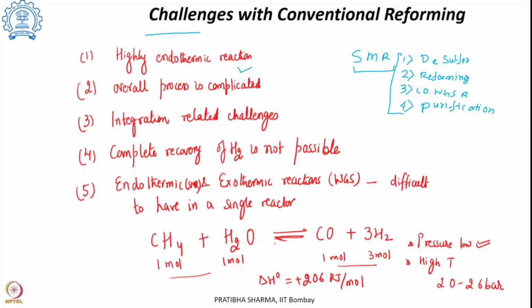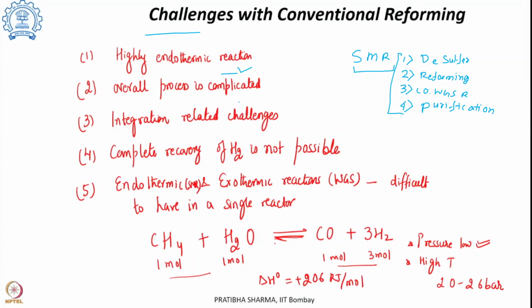In the conventional reforming process, the reaction is highly endothermic. You know that 206 kilojoule per mole of heat is required for producing 3 moles of hydrogen. This is an endothermic reaction, so heat is required, and the overall process is very complicated.